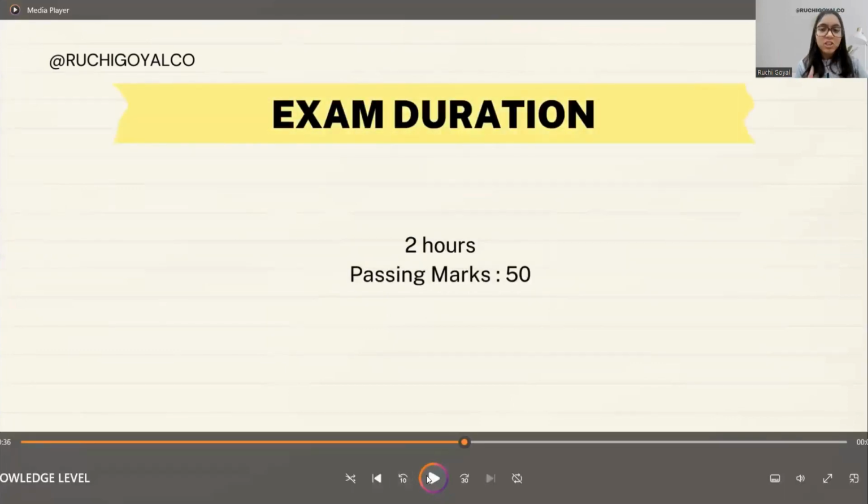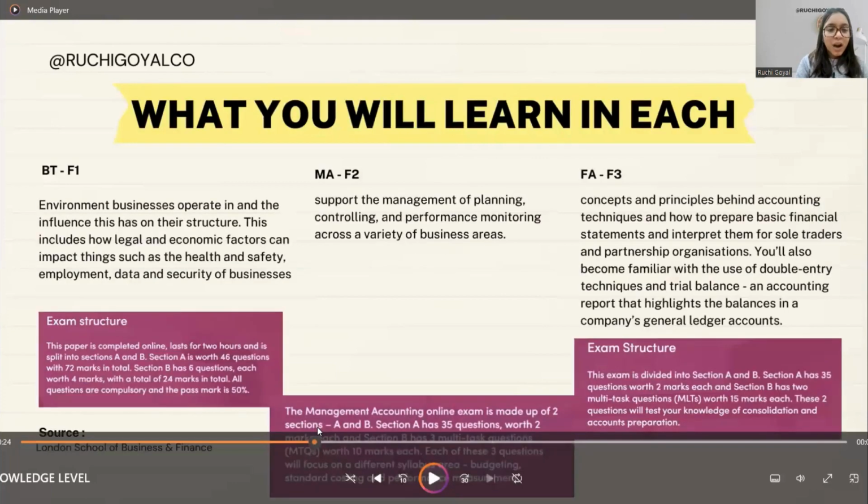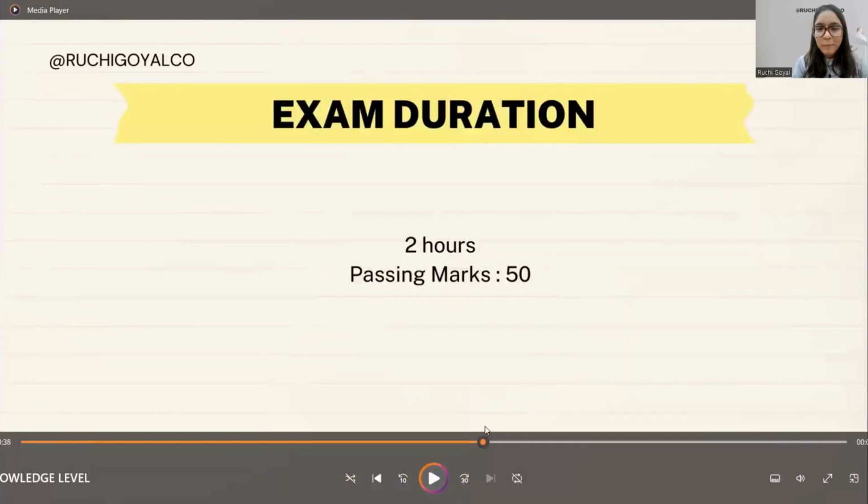The exam duration will be 2 hours and you need passing marks of 50. Let's say you have just given your BCom paper where you scored 33 and you passed the paper. But this is not the case with ACCA. You have to actually score 50 marks to pass the paper. But the best part about these papers is that they are just 2 hours and just MCQ style.